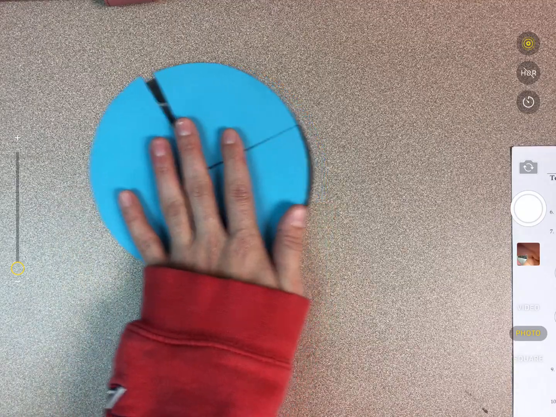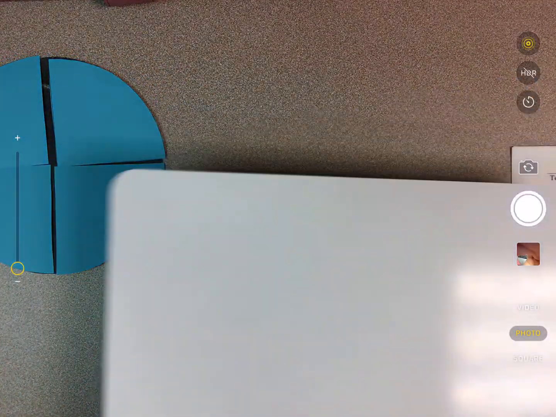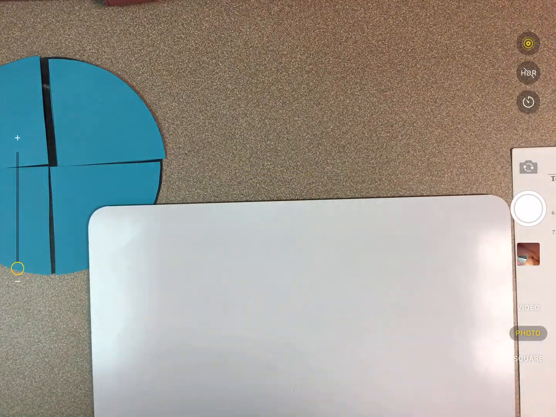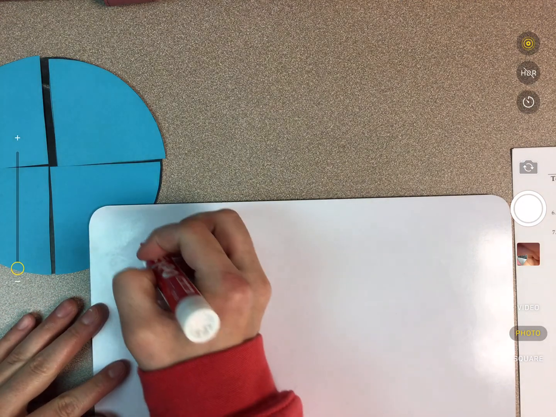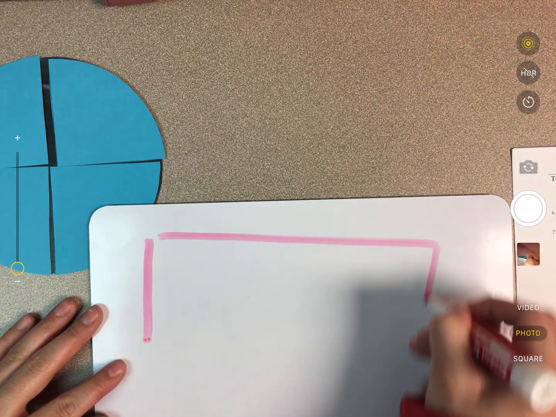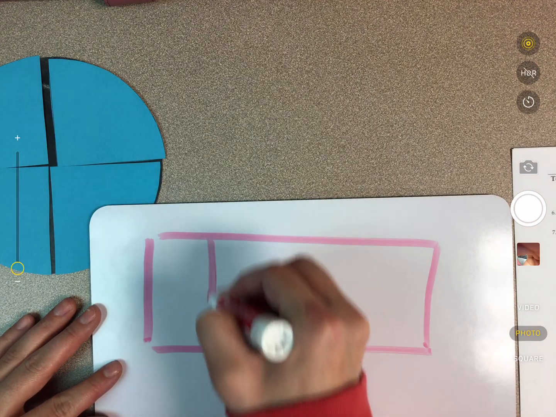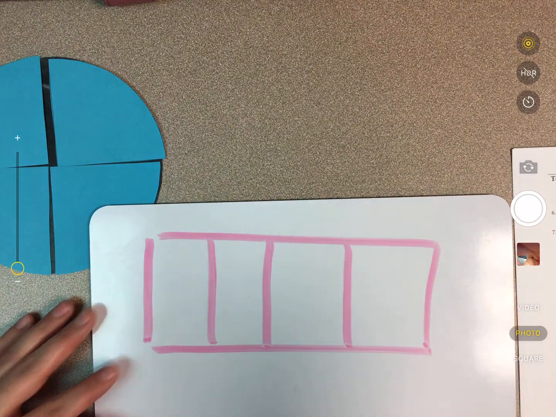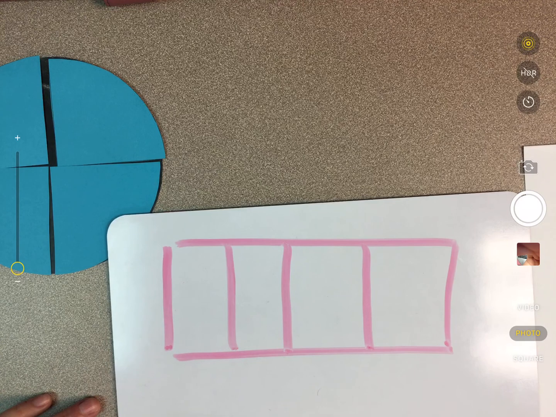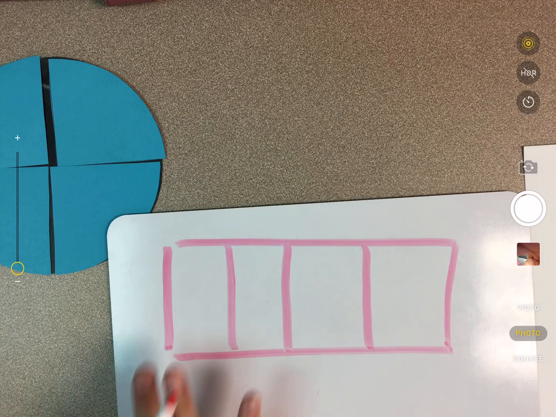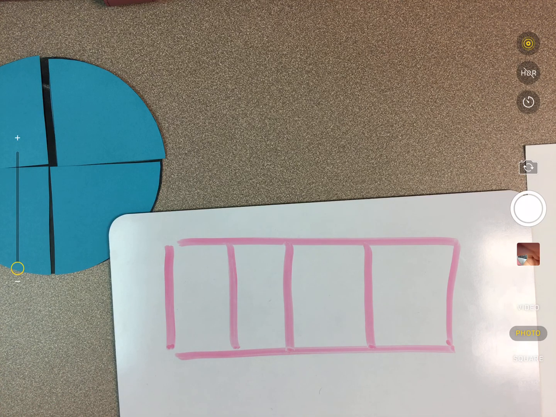Okay, now I want to show you that this is divided into 4 parts, my black circle. And I also am going to show you a rectangle. And this shape is divided into 4 parts. And we're just going to imagine that they're equal because Miss V is not the best drawer.